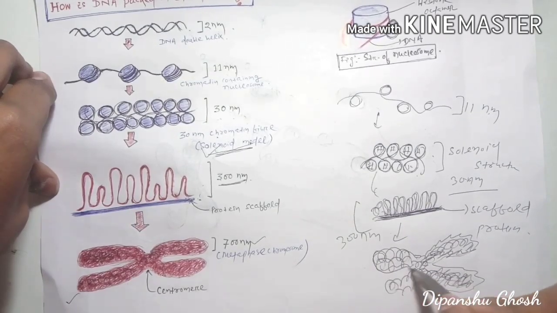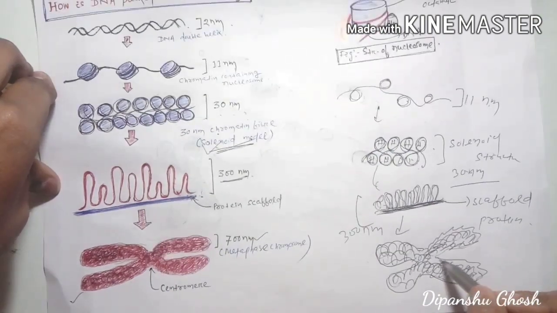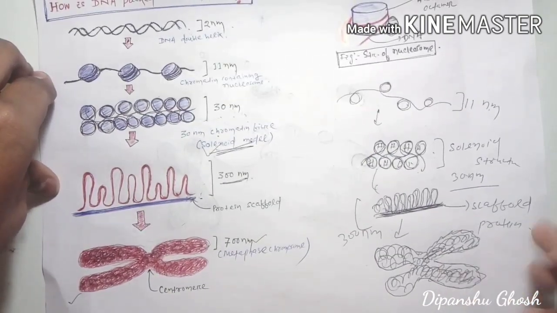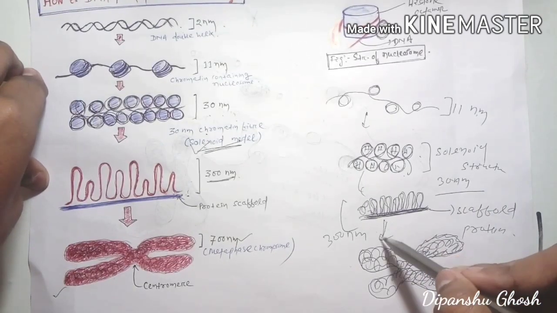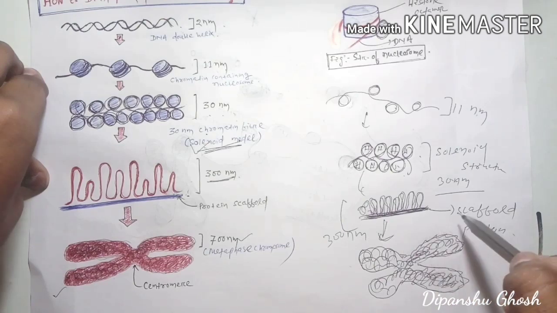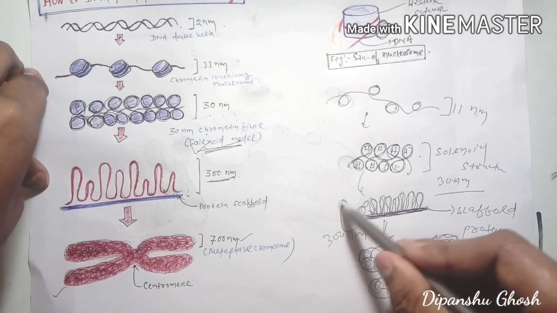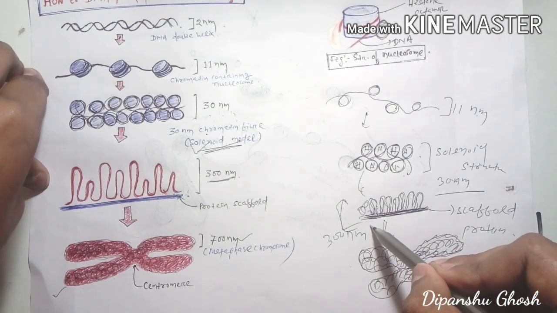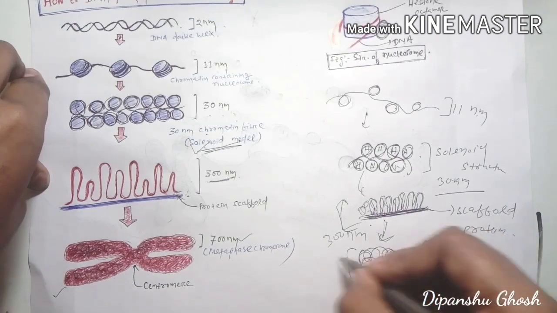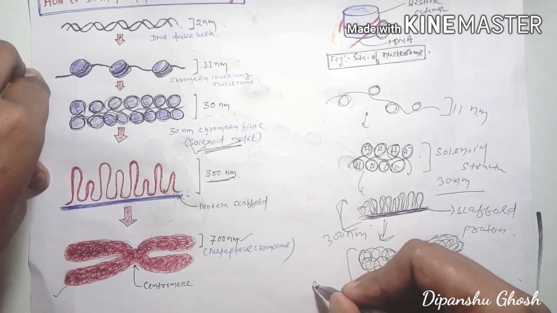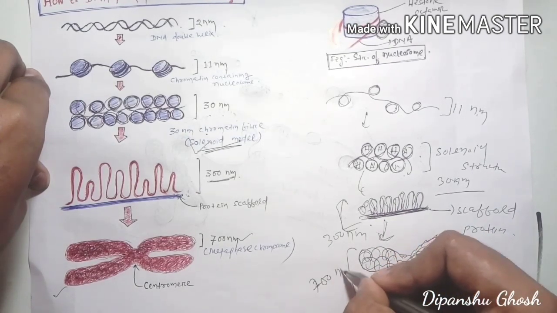This is your metaphase chromosome. That means the metaphase chromosome is resulting from the condensation of this 300 nanometer chromatin fiber. Okay, and its width is about 700 nanometer.